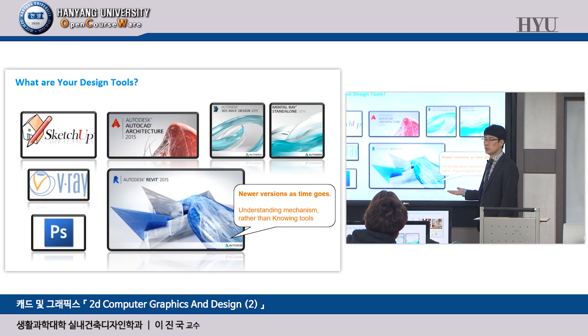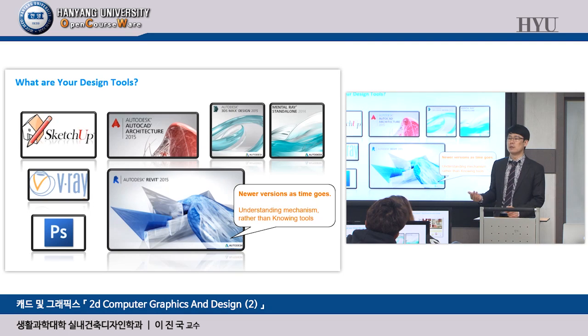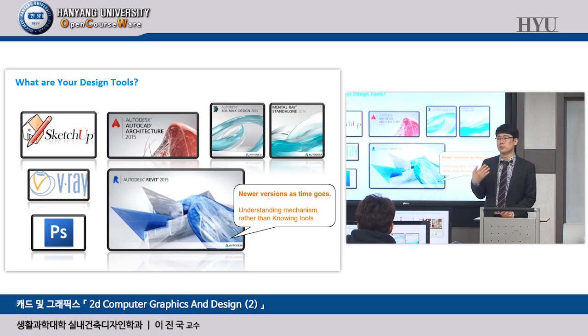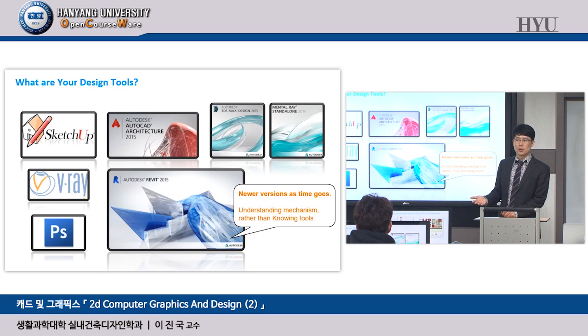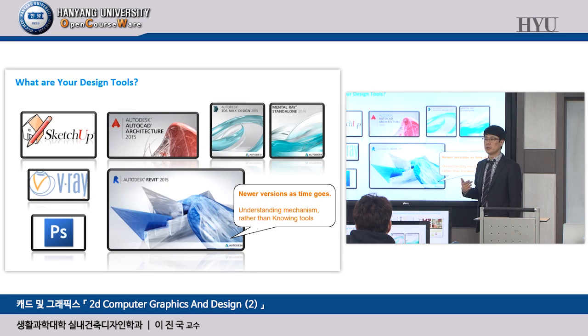If you stick to the interface issues, I mean, if you are sticking to which button you have to click, the clicking sequence, clicking order, if you understand only the user interface issues, some technical aspects, then whenever a newer version is released, you have to teach yourself again and again.